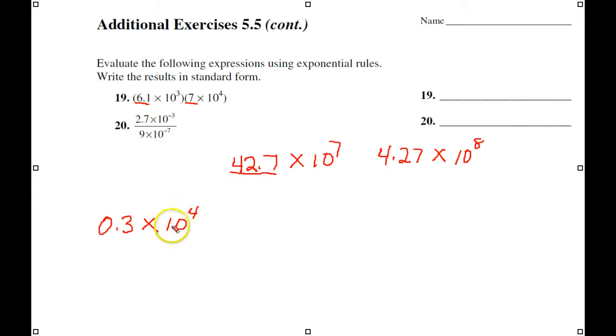Again, this is not in scientific notation. If I wanted to put it in scientific, I'd have to move it over 1. But now I have to subtract 1 from that. So this would become 3.0 times 10 to the 3rd. Okay? This is now in scientific notation.